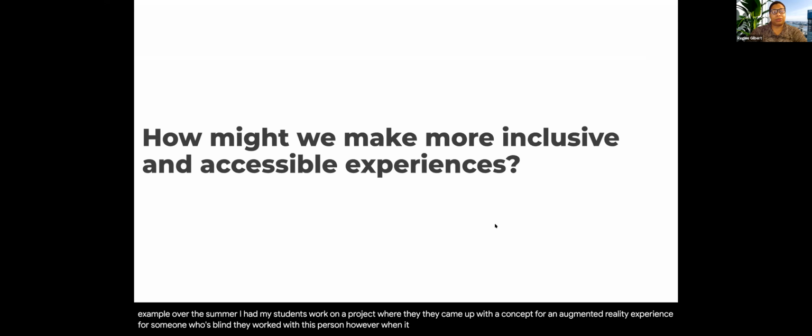However, when it came to prototyping something, they were like, well, the tools aren't accessible, right? So you can't have someone who's blind use Figma because it's not a real website. You would actually have to build out something in order for it to be tested. So if the tools themselves aren't accessible, that's a problem.